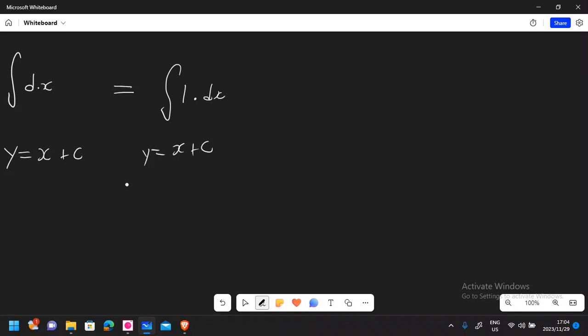Let me just do the last one on this side, where you can be given something like this, maybe 1 over 2 dx, right? Again, when you find the integral of this one, it's going to be 1 over 2, which is a coefficient, and then x, remember, because there is nothing here, this is a constant, plus c, and that is going to be your answer.